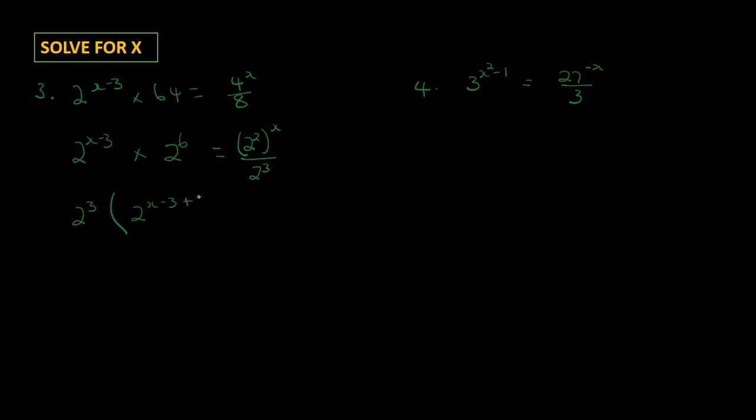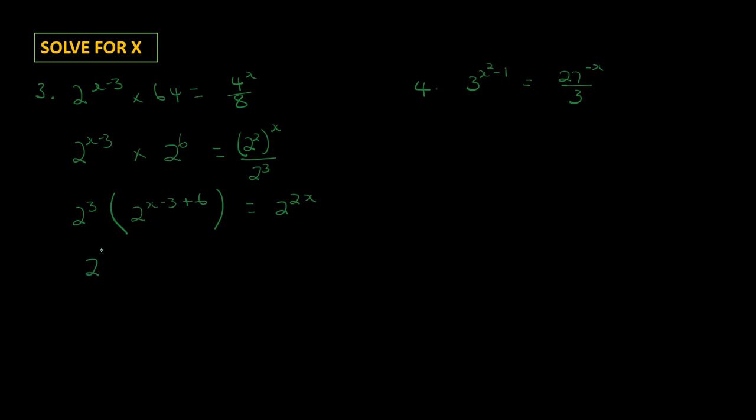Okay, plus 6, because we have similar bases here, we just add that onto that exponent. So we add 6 to x minus 3. And on the right hand side, when we have 2 squared all to the power of x, this is the same as 2 to the exponent 2x.